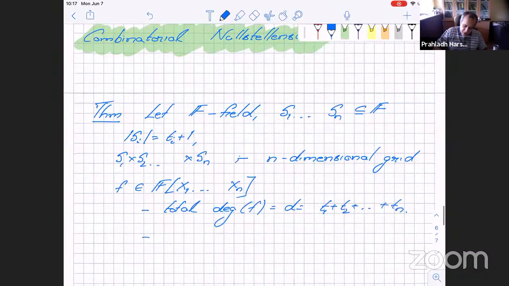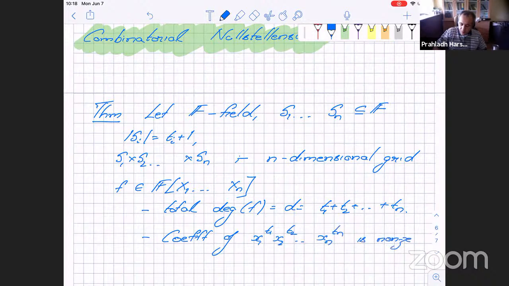And furthermore, let's assume the coefficient of x1 to the power t1, x2 to the power t2, ..., xn to the power tn is non-zero in F. So f is a formal polynomial, and I should have put capital X1, capital X2, capital Xn.